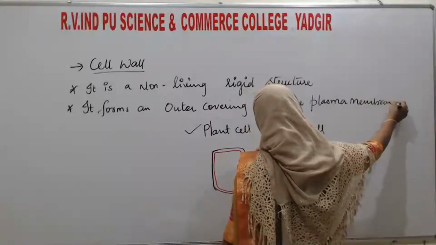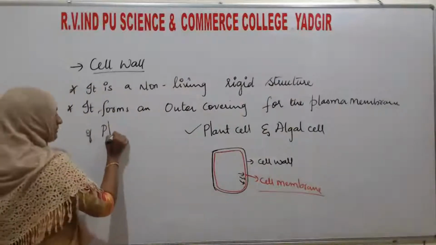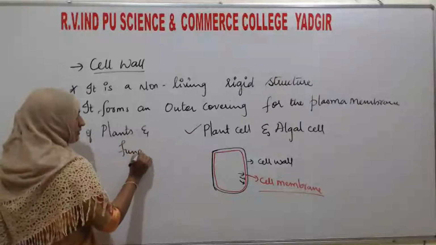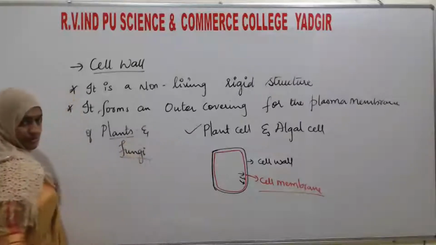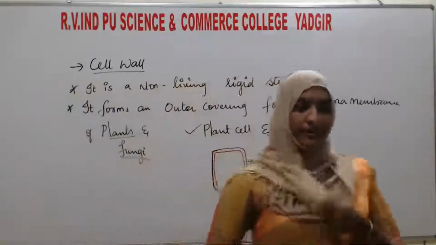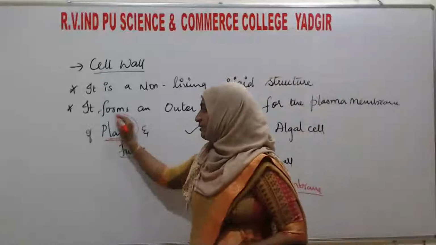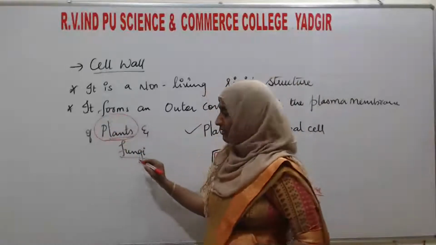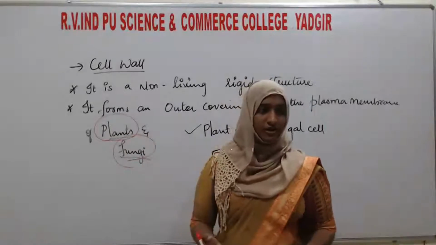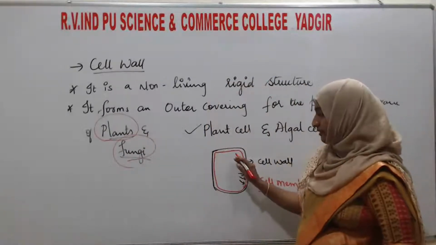The plasma membrane especially of plants and fungi. In which organisms will you find such a covering over the plasma membrane? In the plant cell as well as the fungal cell, you will find an outermost covering, as you can see here.